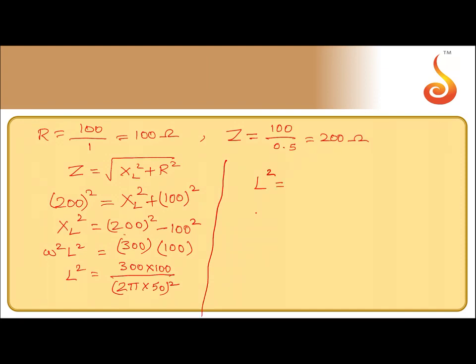So L square is equal to 300 into 100 divided by, see, 2 into 50 is 100, 100 square, that is 100 into 100 into pi square.